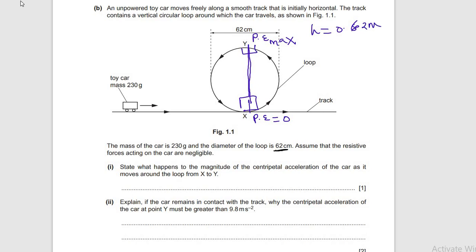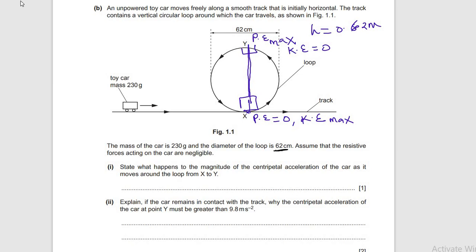Remember that where the potential energy is 0, at ground level, kinetic energy is maximum. As the car moves from x to y, potential energy increases while kinetic energy decreases. So kinetic energy is 0 at this point.